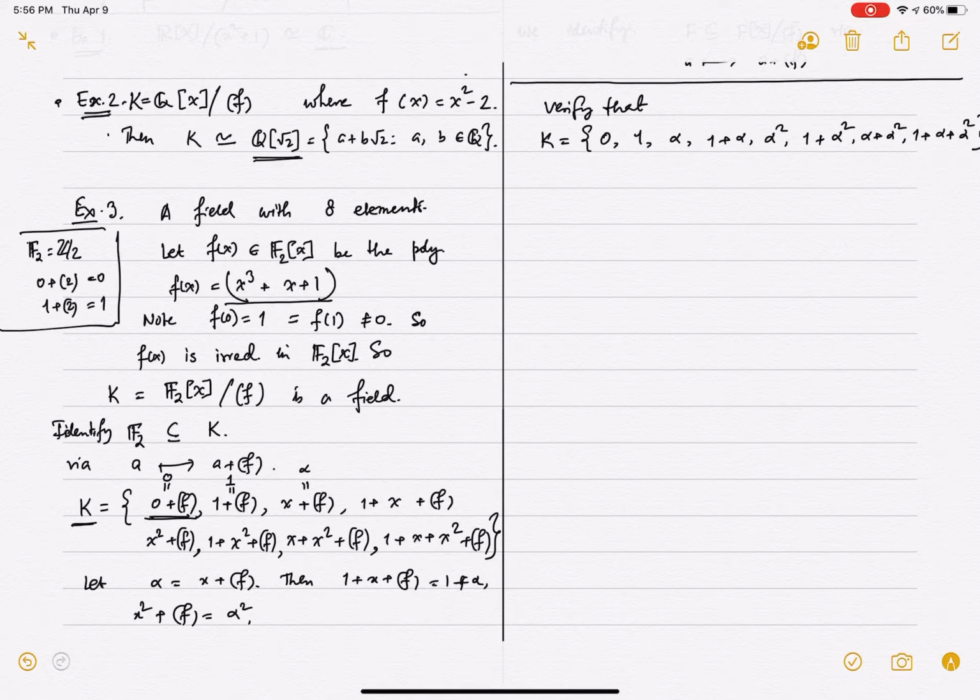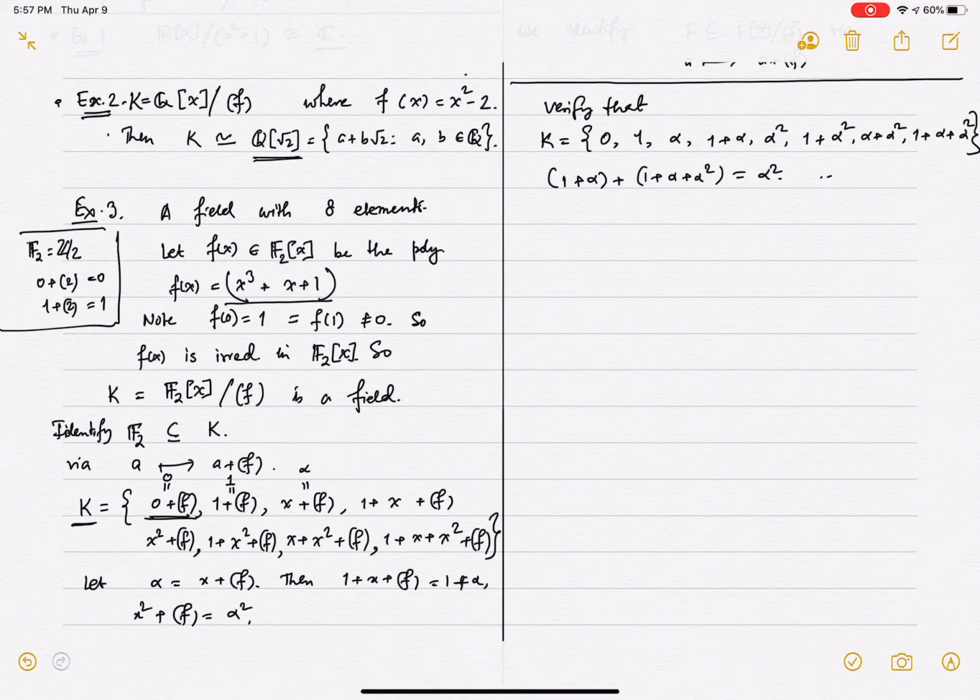These are the 8 things in K. And the addition is very straightforward. If you add 1 plus alpha to 1 plus alpha squared, you get 1 plus 1, which is 0, alpha plus alpha, 2 alpha, which is also 0 because 2 is 0, so you just get alpha squared, etc. So the addition is just the addition of F2.